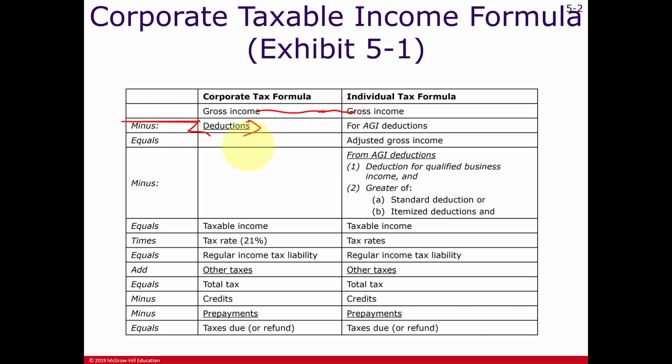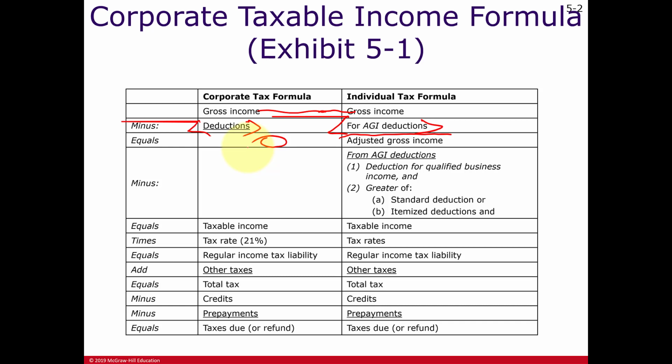In the case of individuals, we need to determine whether these deductions are business related or other type of deductions that are also subtracted here from the taxpayer's gross income to get to the taxpayer's adjusted gross income. In the case of a corporation, there's no such thing as adjusted gross income.